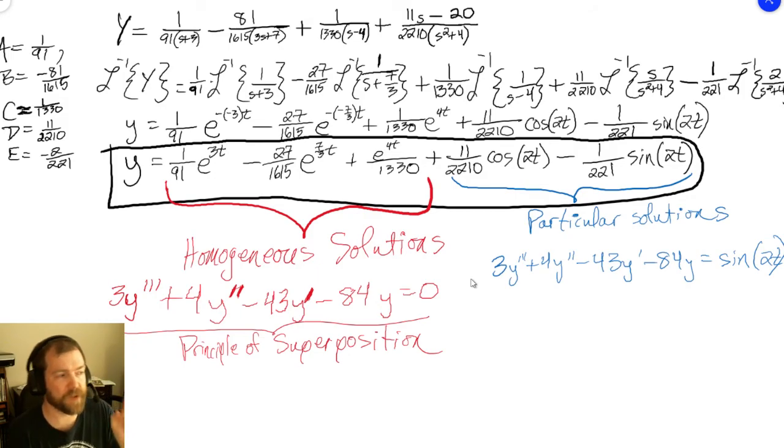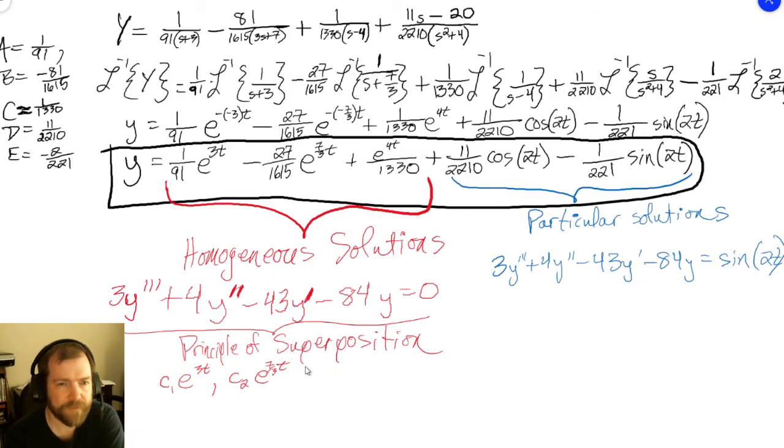So the principle of superposition is going to hold in this particular case, wherein any one of these, like C1 times e to the 3t, C2 times e to the 7/3 t, and wait.